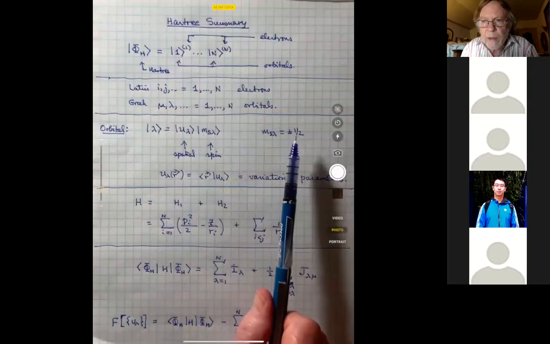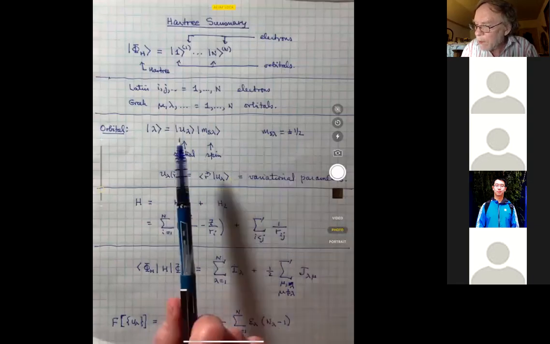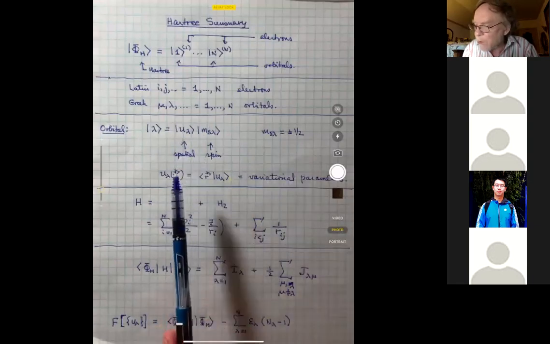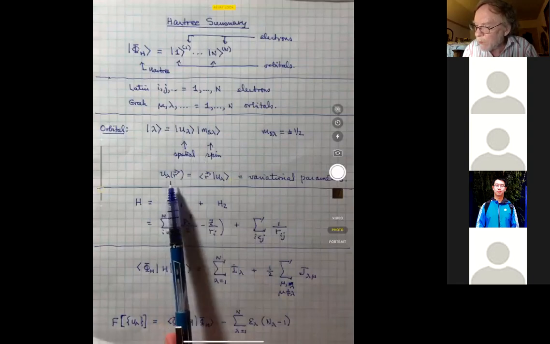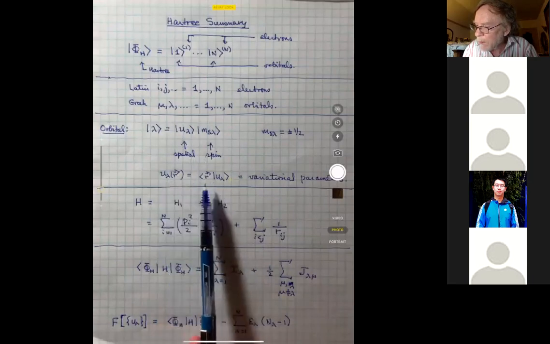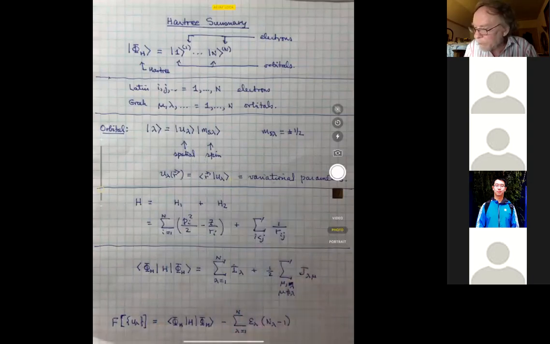There's no loss in generality in doing that, because each S sub i sub z is actually a good quantum number of the Hamiltonian. As far as the spatial part is concerned, it's associated with a wave function I'll call u sub lambda of r. Lambda here again refers to the orbital. U sub lambda of r, which is just the usual scalar product. And it's those orbitals which are the variational parameters of the Hartree method.